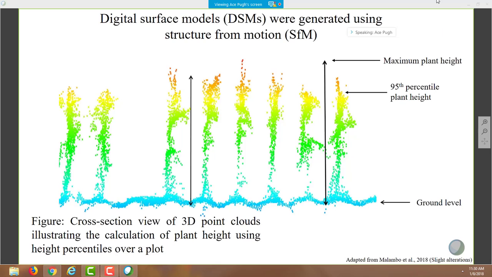Okay, but maybe the better way to think about this is, was the height variation between genotypes similar to the variation seen in the grain yield? Oh yes. There was a large amount of variation for grain yield within these tests, especially for the early generation tests.